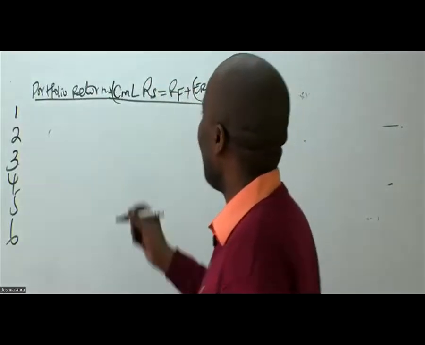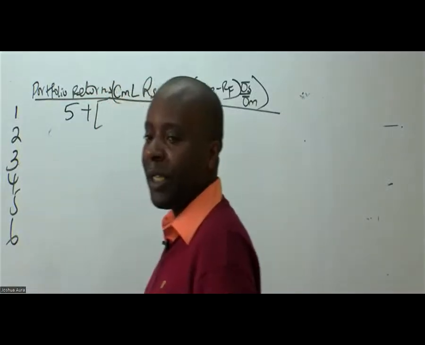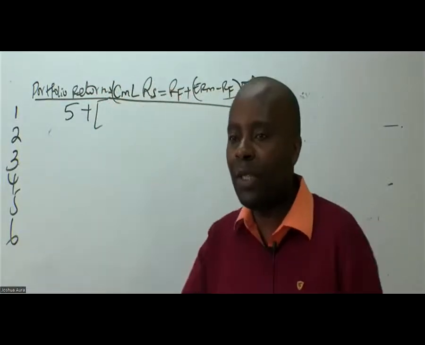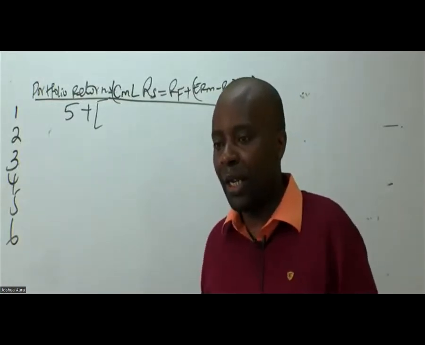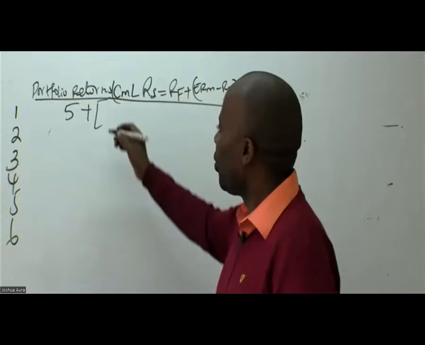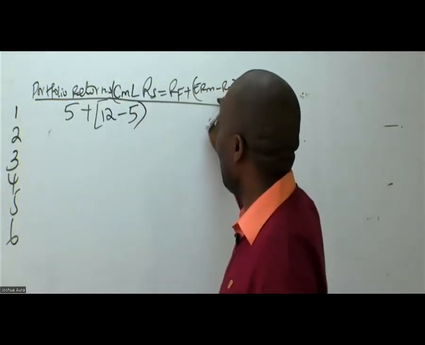So we are starting with 5 as the risk-free plus. How about the expected return of the market? Have they given me the expected return of the market? 12, minus 5. I'm following this formula.